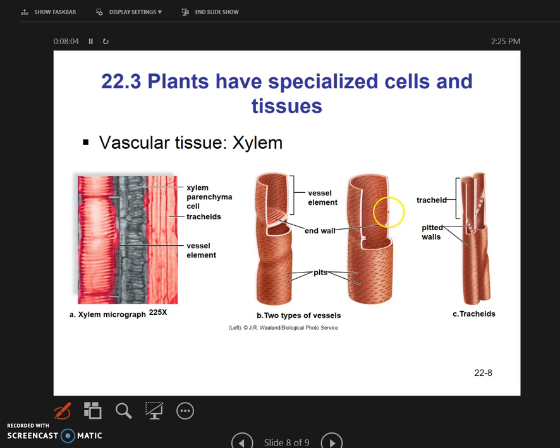Here are the vascular tissues. So the vascular tissues, the first one is the xylem. So xylem, they are made up of two types of cells, vessels and tracheids. Vessels are the thicker pipes. Here what happens is the cells are greatly thickened. Remember, they are dead, and the end wall is fused.